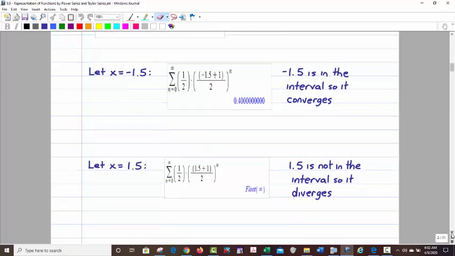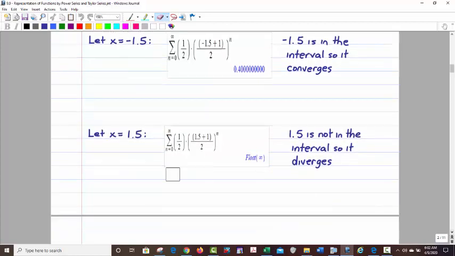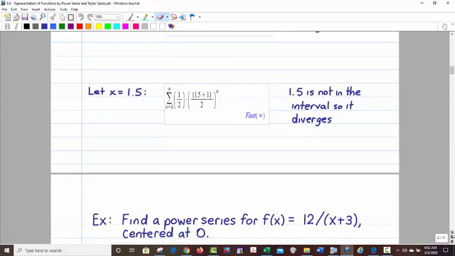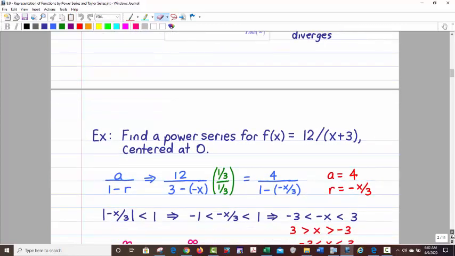But I picked something outside the interval, like 1.5, and it gave us, don't worry about that float thing, but the main thing is it gave us infinity, which is equivalent to saying it's going to diverge. Ironically, the negative 1.5 would have diverged in the first example because that was on the interval negative 1 to 1. But negative 1.5 was fine here, but 1.5 was not.